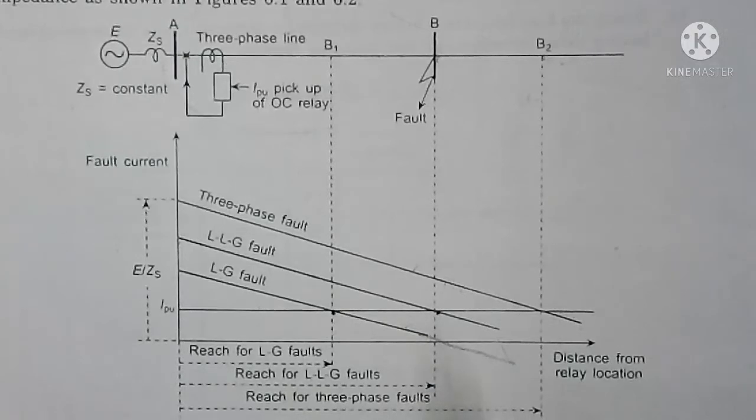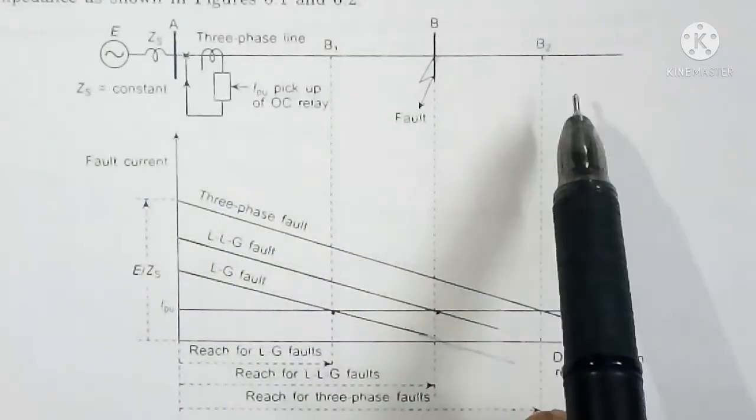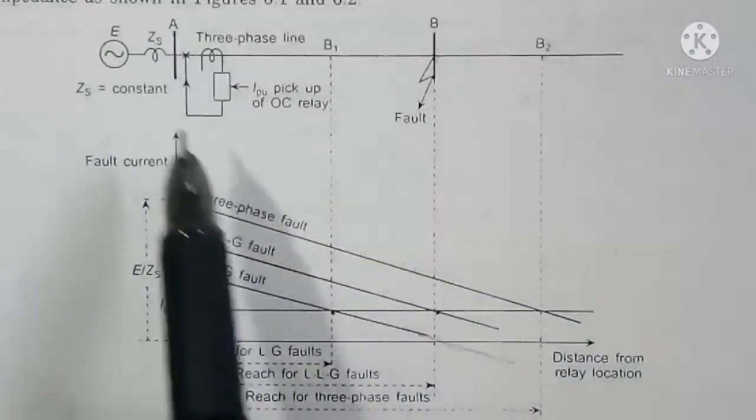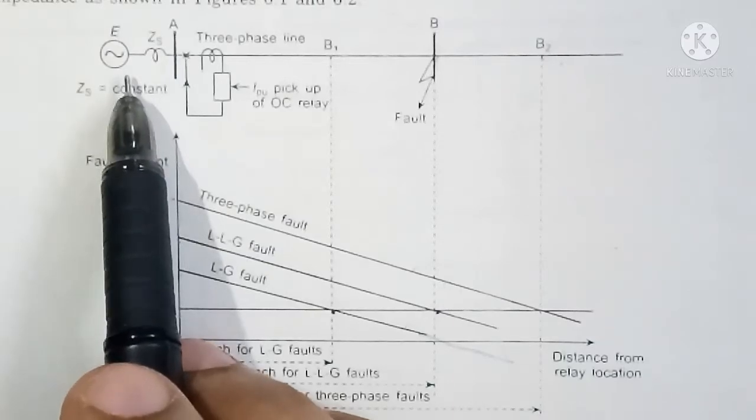To understand why the overcurrent relay maloperates when it is used for protection of transmission line, let us consider the simple system shown here. Here is a source.